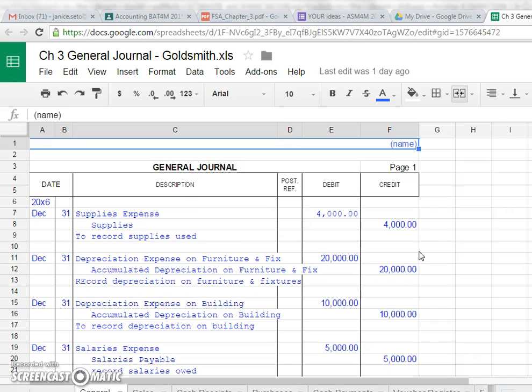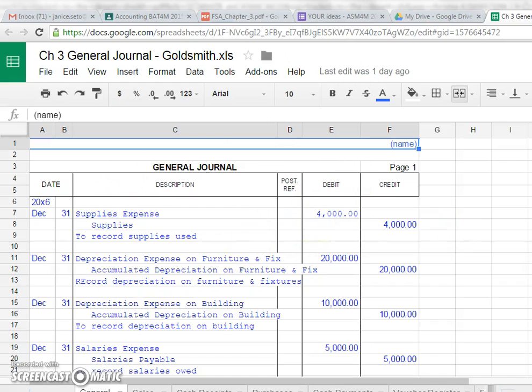According to your trial balance, there were 6,000. So what we have to do is update all these accounts to what's real. If you've only got 2,000 left and you started off with 6,000, obviously you used 4,000 in supplies. What you use in supplies is an expense.